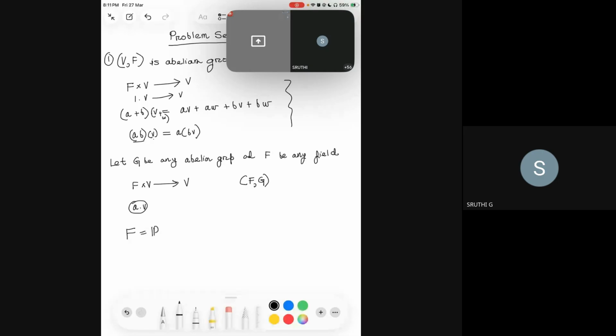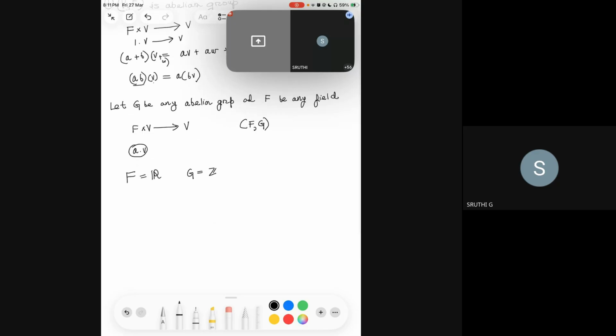So F is R and G is Z. When you take an element from R which is not an integer, like one half, and take 3 from Z, it will not belong to Z.